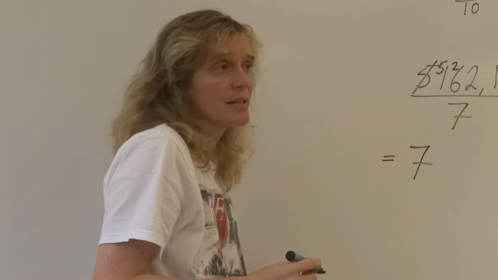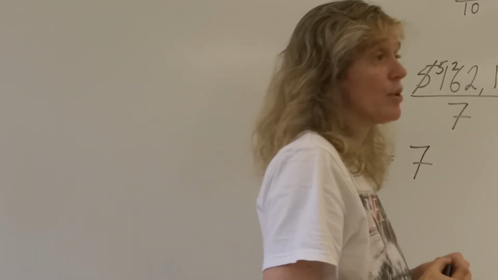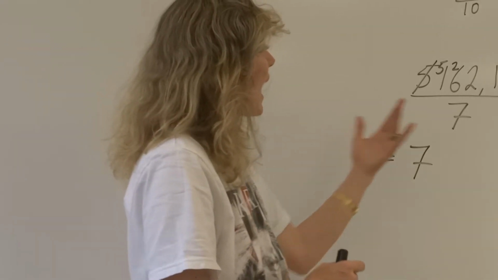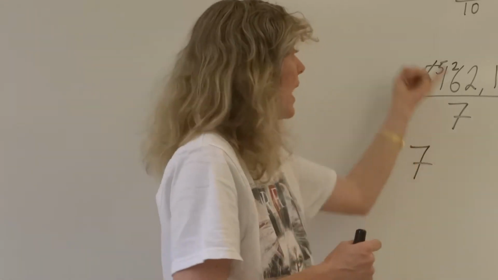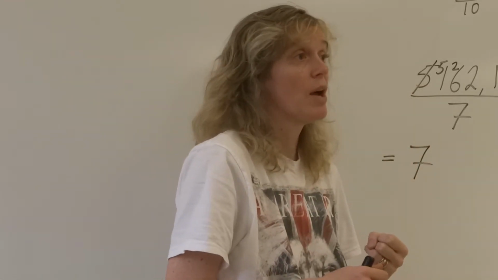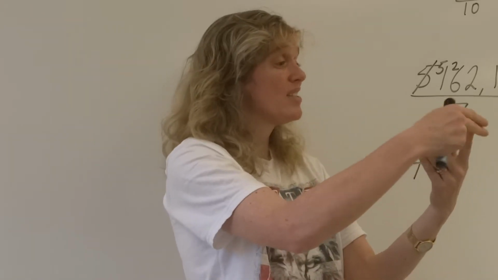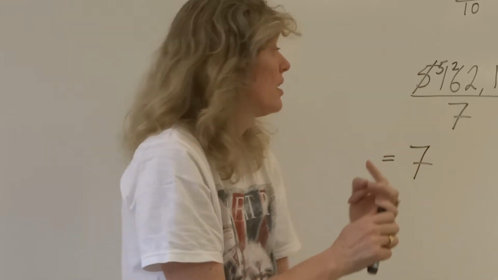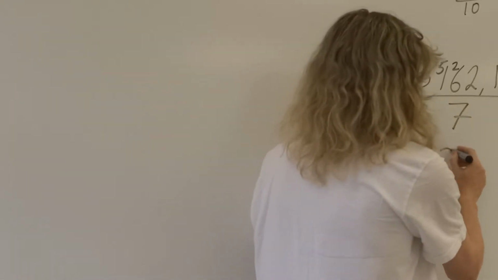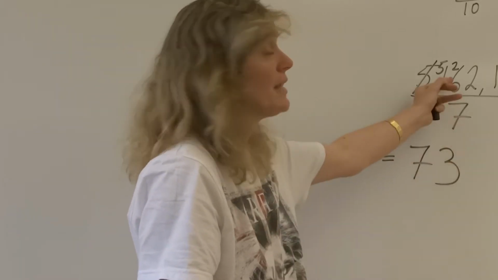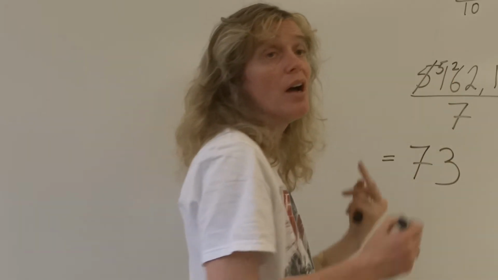7s into 26. And if you're not very good at your times tables, and you're doing division, use your fingers to help you. Count in numbers of 7 until you get to 26, or just below it, okay? 7, 14, 21, 28's too many, 3 times. 7 threes are 21, so it goes 3 times. I've used 21, and I had 26, so how many's left over? 5.